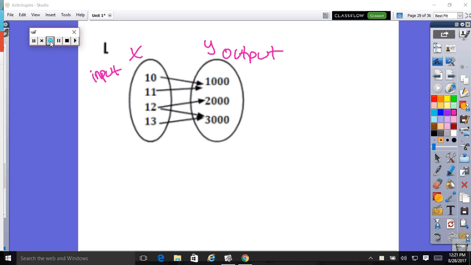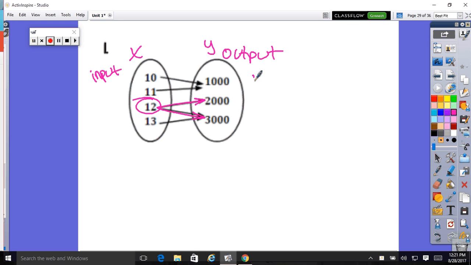Okay, who wants to start us off? Yes, sir. Okay, so which input specifically, though? 12. The input 12 has how many outputs? 2. What are they? 2,000 and 3,000.